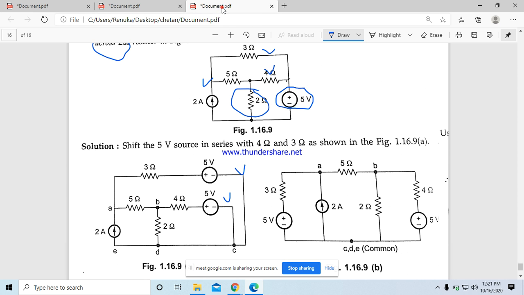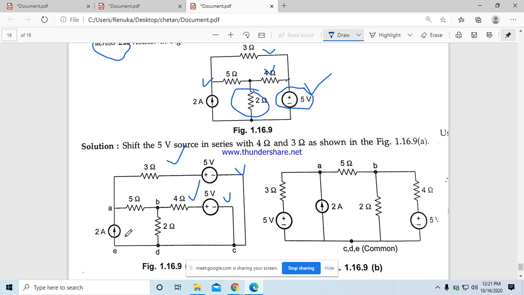Fine. Similarly, this 5 volt voltage source, you can draw in series with this 4 ohm as well as 3 ohm. After this, you can rearrange this circuit.